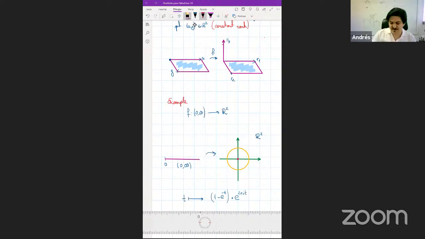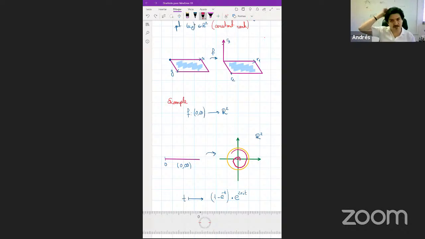Right, so you start very close and then you pull away. You start very close to the blue circle inside.